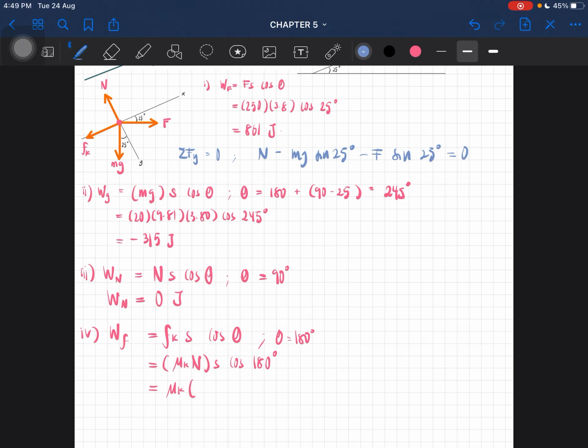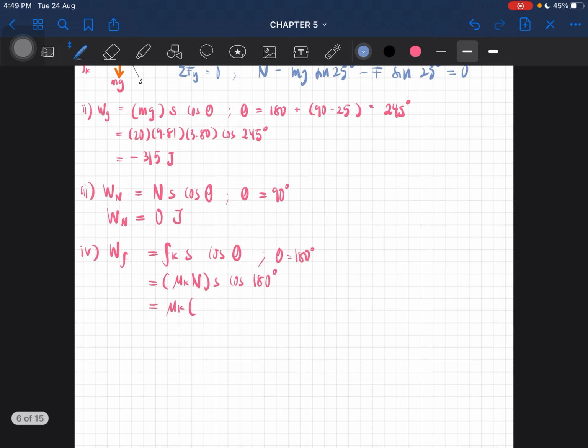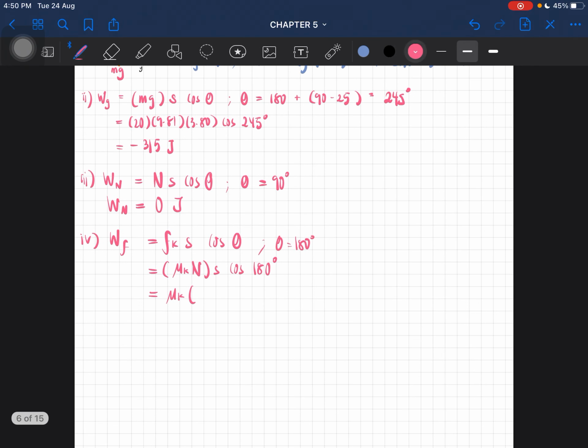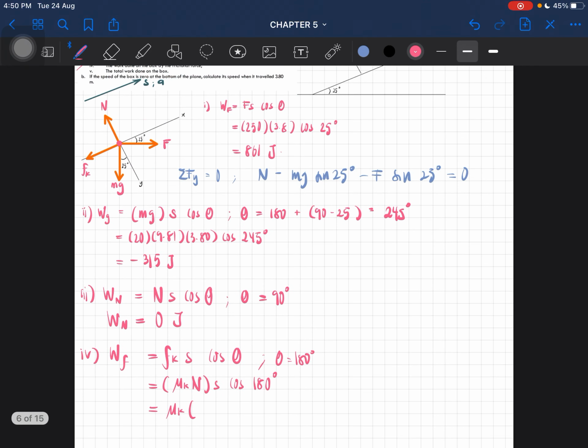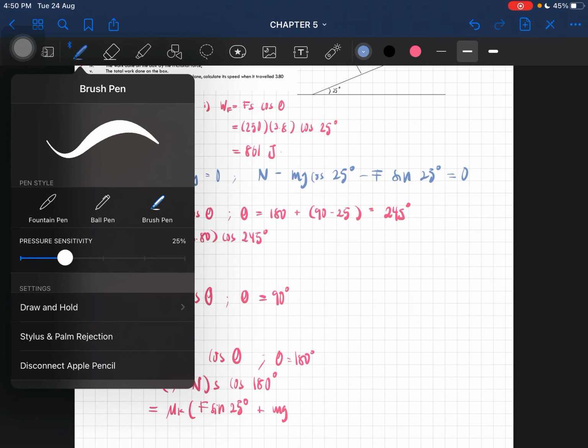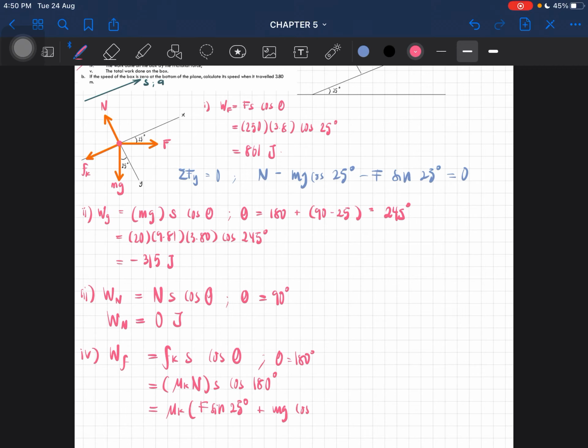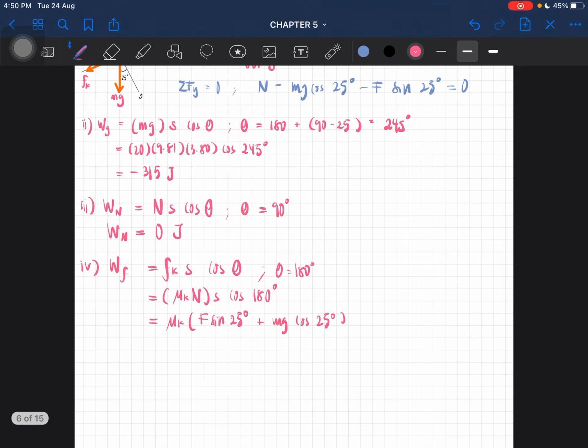So from here we get the value of n. So n is equal to f sine 25 degrees, the other way around, plus mg cos. Sorry, this is cos, cos 25 degrees. So that is the value of n.